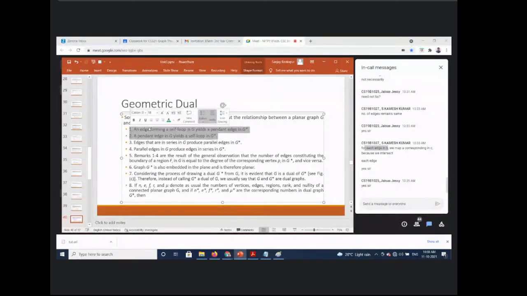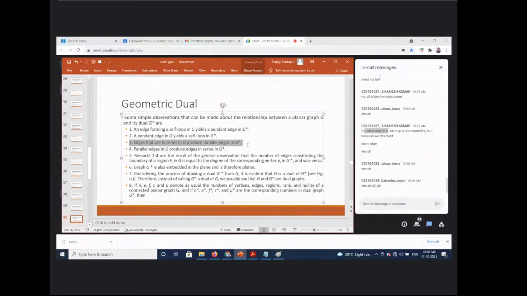Edges in series in G produce parallel edges in G star. In our example, did we see this point? Edges that are in series in G? Correct. That is P2, P6.